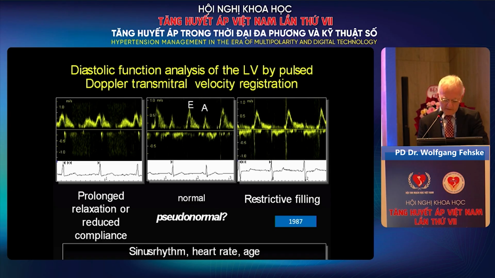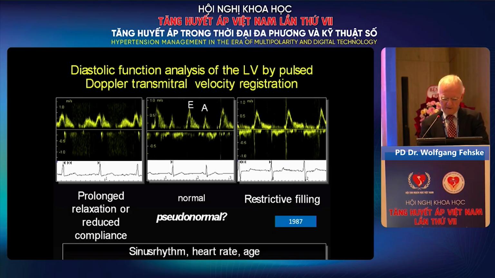Okay, so what we saw in the beginning, very early, already in 87, was that the inflow, which is directly reflected by Doppler across the mitral valve, is E over A, and if E is smaller than A, this was a slight form of diastolic dysfunction.